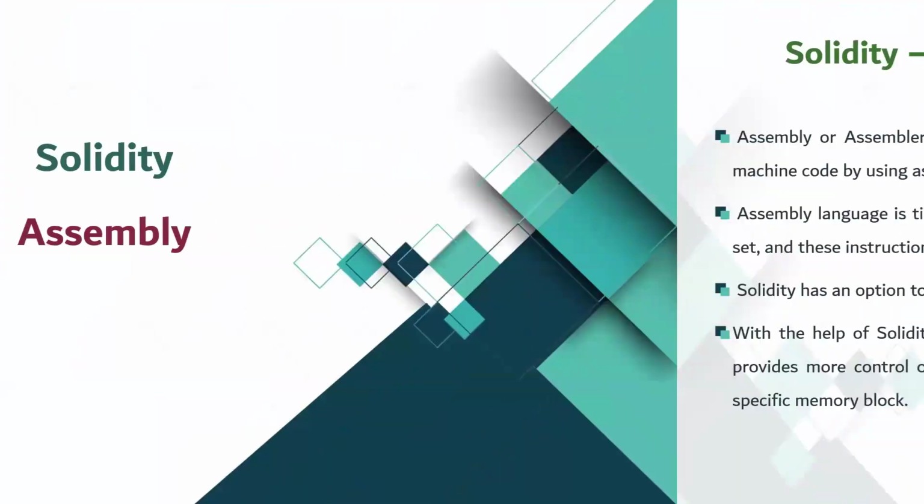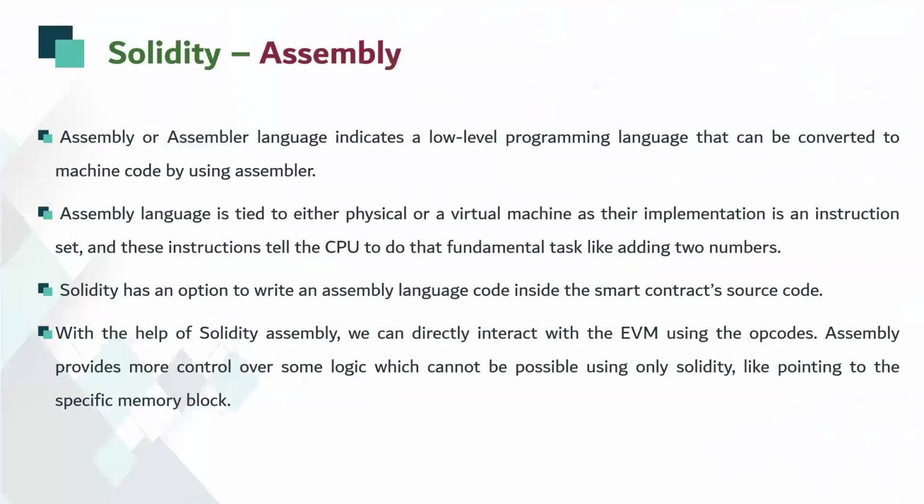Solidity assembly is a feature in the Solidity programming language that allows you to write low-level assembly code directly within your smart contract source code. Assembly language is a low-level programming language that is closely tied to the underlying machine architecture and can be converted into machine code using an assembler.